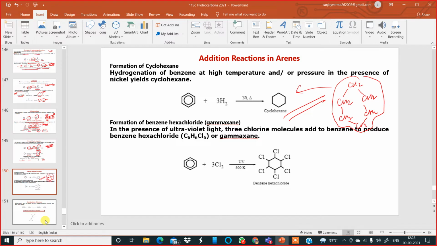Now there is another one, the formation of BHC, benzene hexachloride. BHC is called gamexine. If you have been to agricultural farmlands where they do cultivation and plantation of various crops, you will find that the farmers use gamexine.